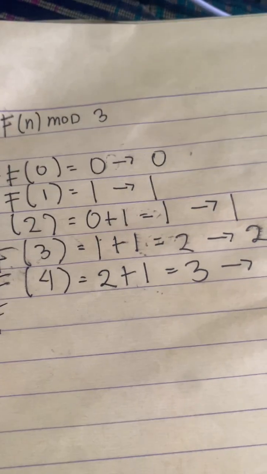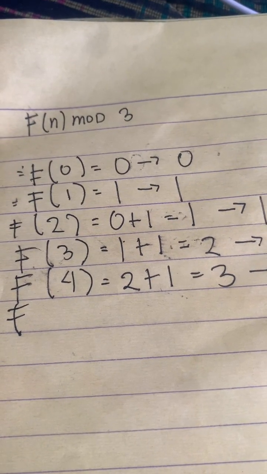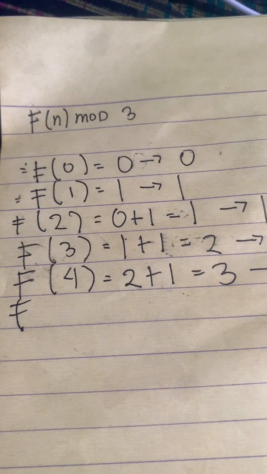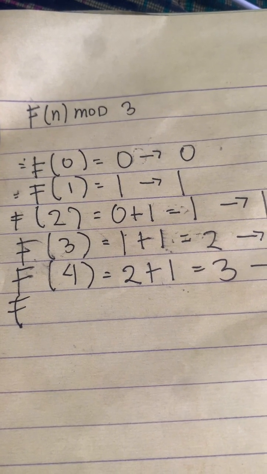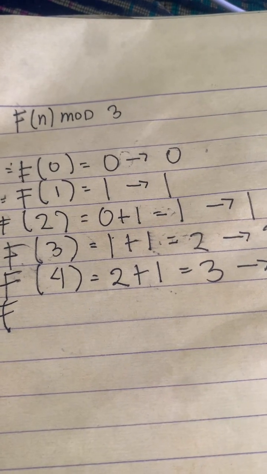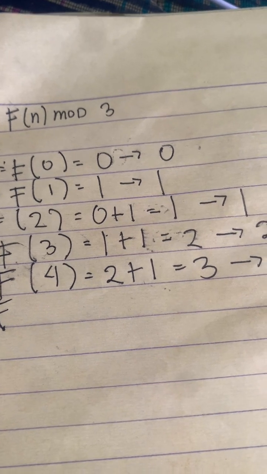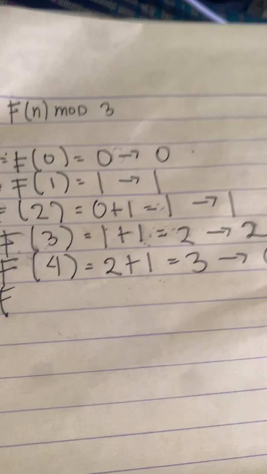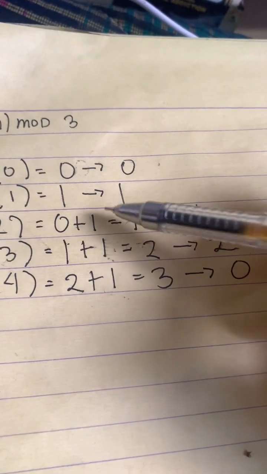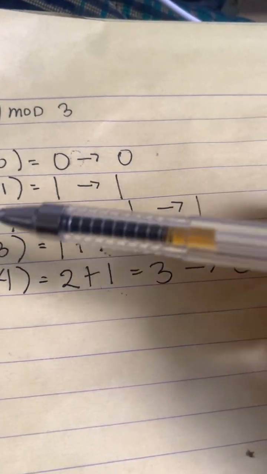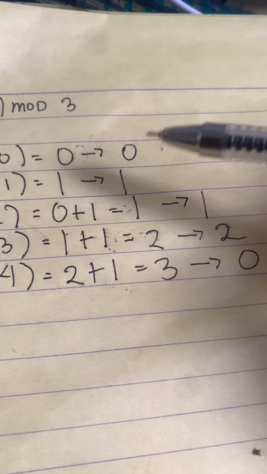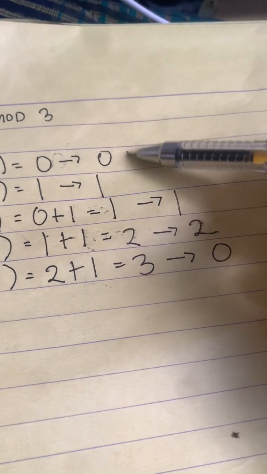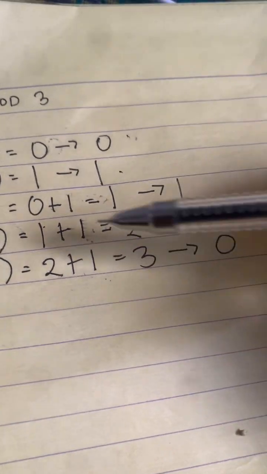As I have said earlier, Fibonacci is the sum of the two numbers before it. So F sub 2 is basically 0 plus 1, which is equal to 1. So we have our sequence 0, 1, 1.